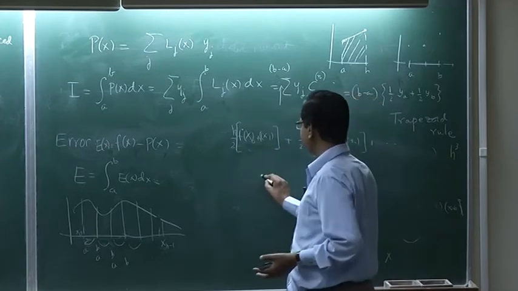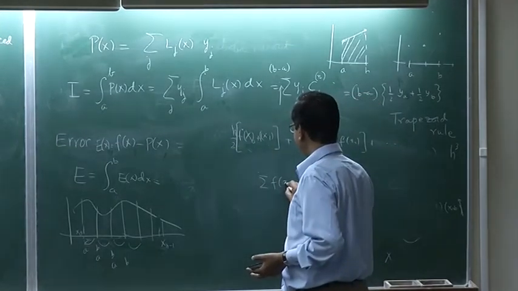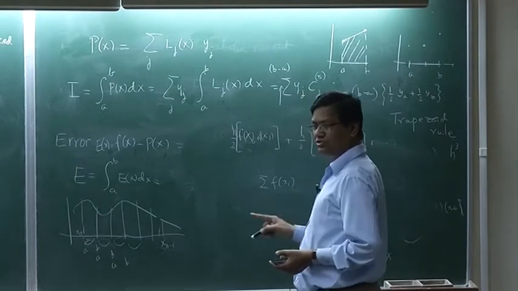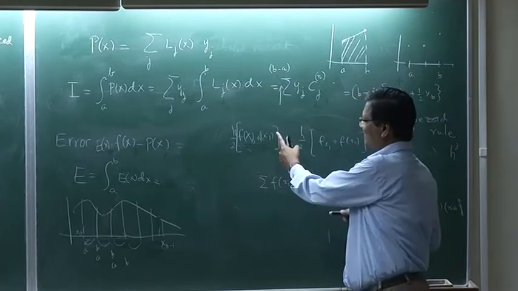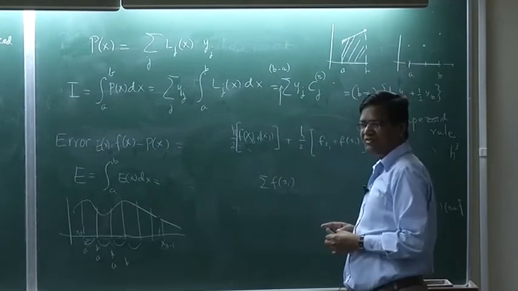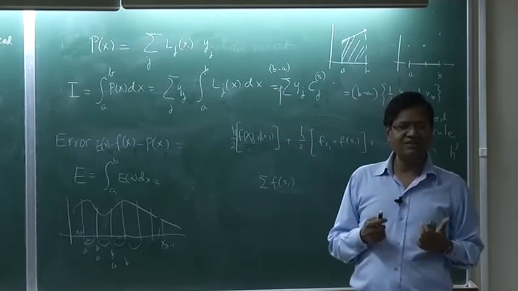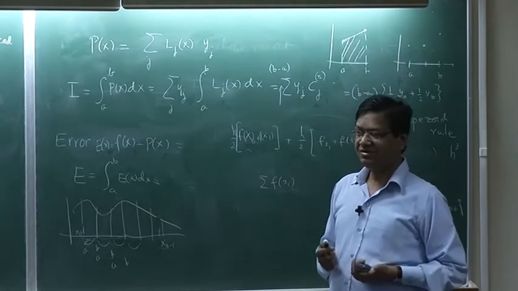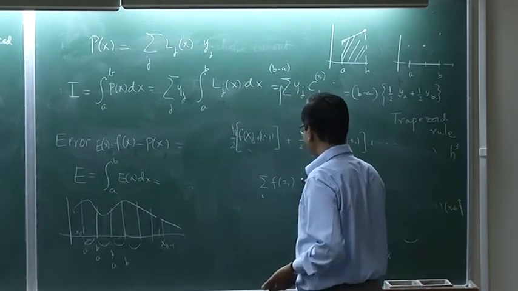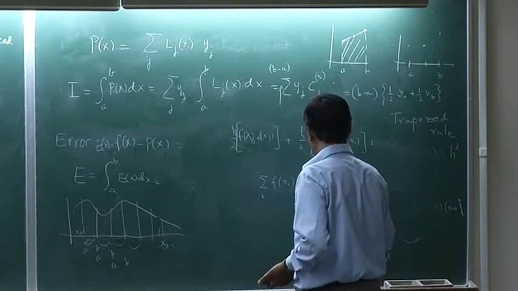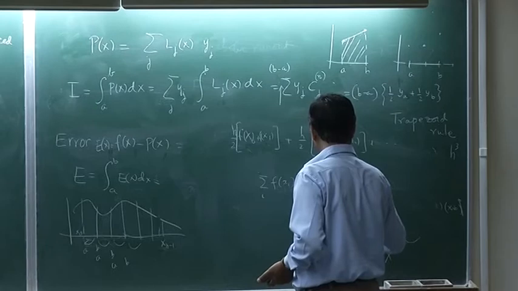I can write this as the sum of f(xi)'s. So sum over all, because all of them have factor 1, since there is a half contribution from the left and half contribution from the right, but at the end points the factor is half, right? So I just sum it up, minus half of f0 plus f n minus 1.